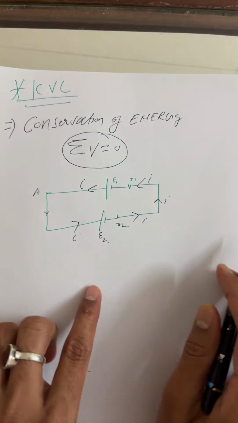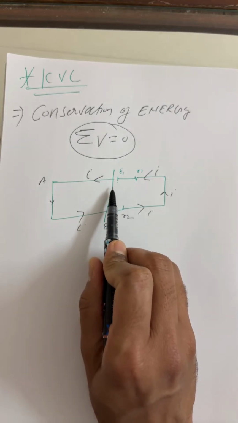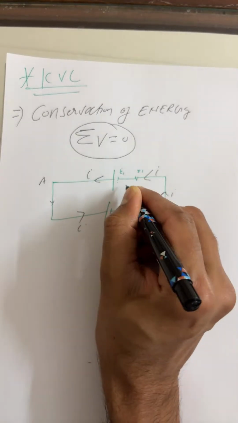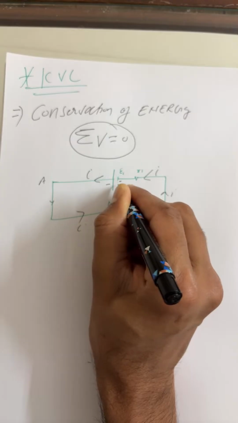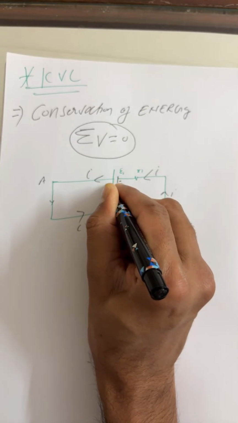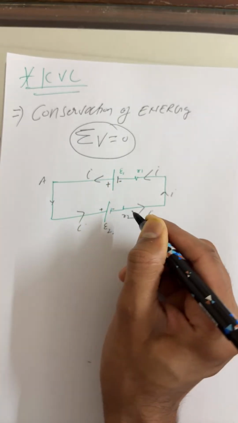As studied in the classroom, on the battery sign convention according to potential, the lower terminal of the battery is minus and the higher is plus. So this is plus, this is minus.